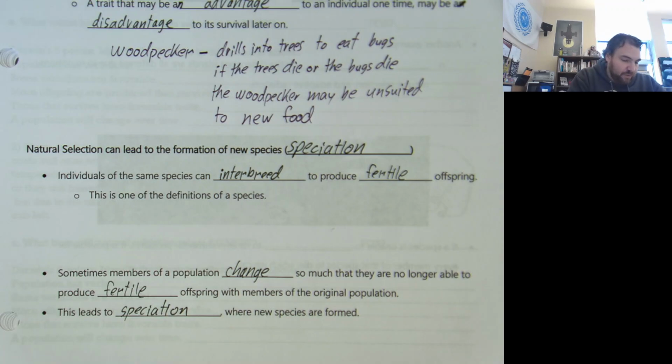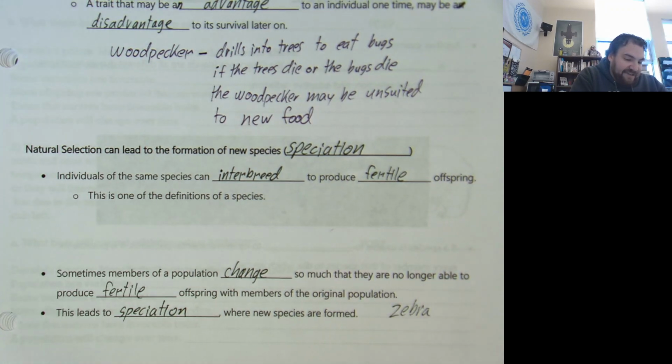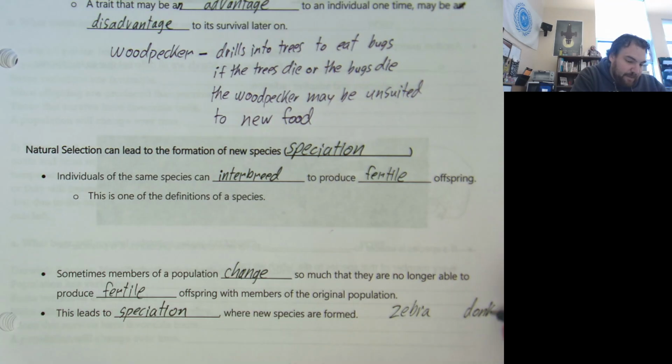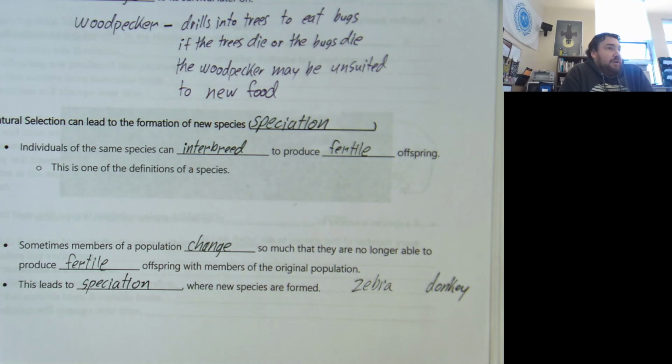So, an example for you. Zebras and donkeys. Zebras and donkeys look similar, yes? Forget the stripes on one of them. Physically, they just look like you took a horse and you changed it a little bit.